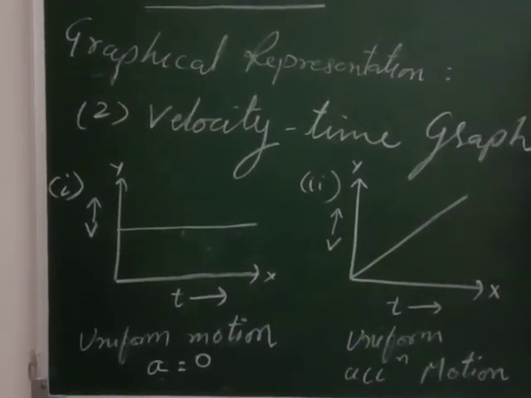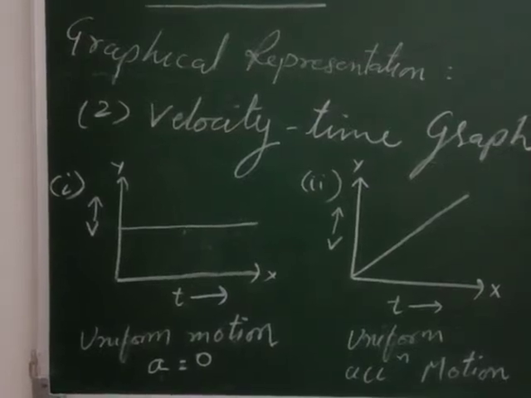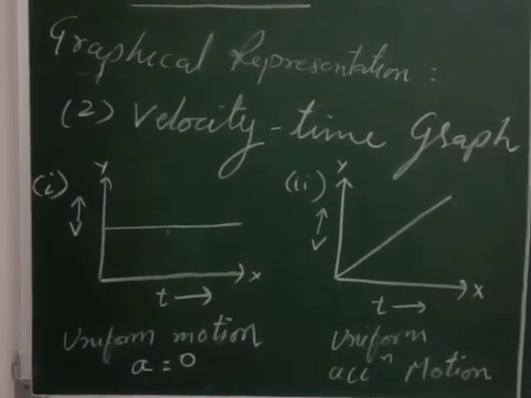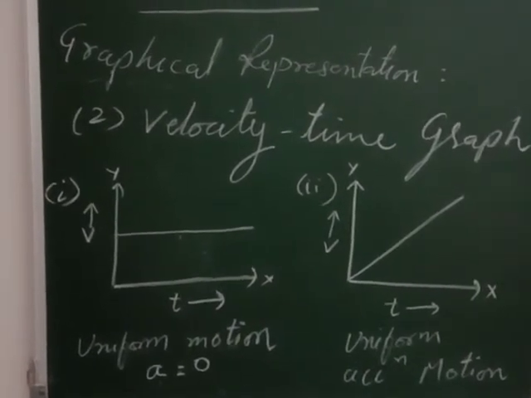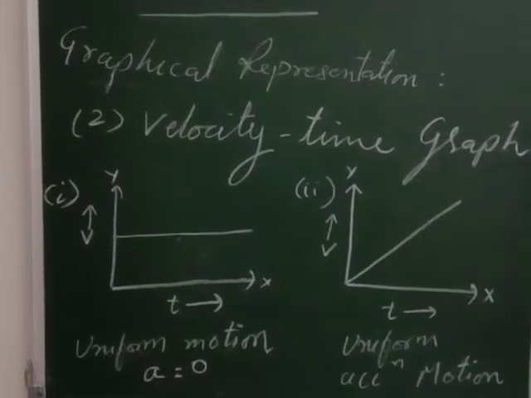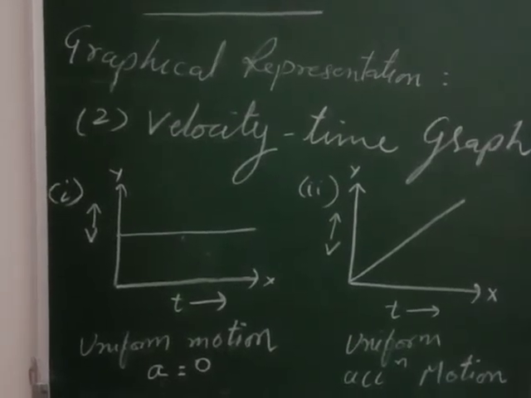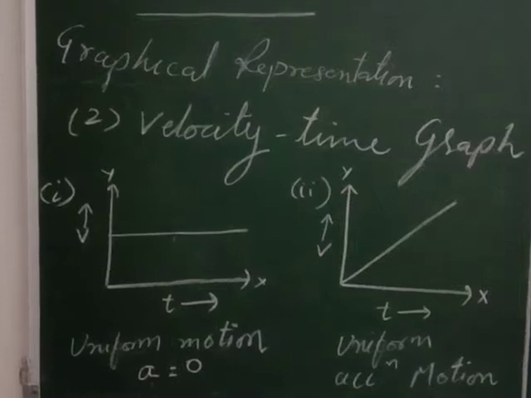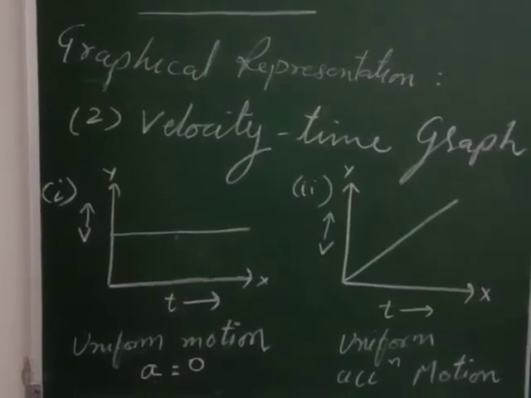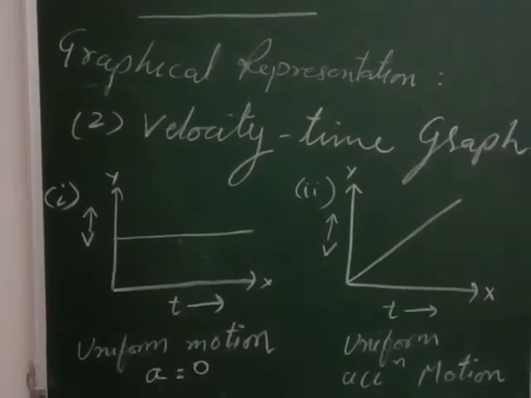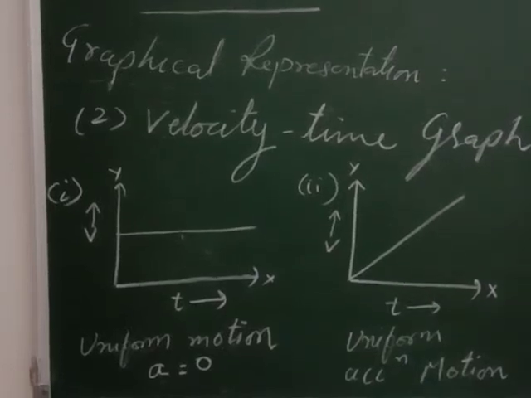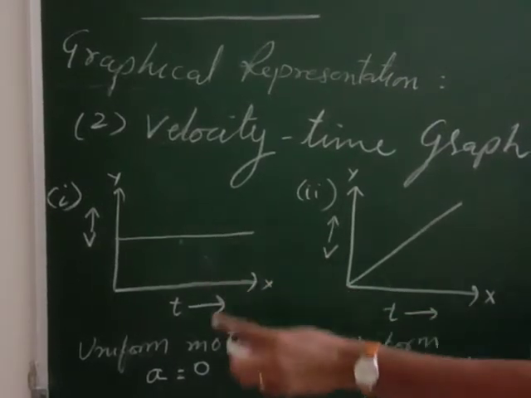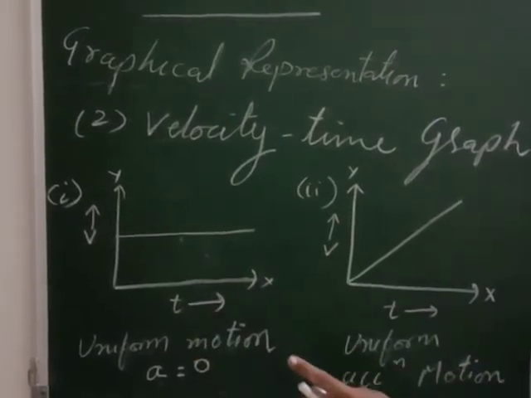Now, if the line is coming downward, then it is retarded motion. And if you are getting a zigzag line, then it is non-uniform accelerated motion. Try to understand all these concepts. If the line is parallel, it is uniform motion.